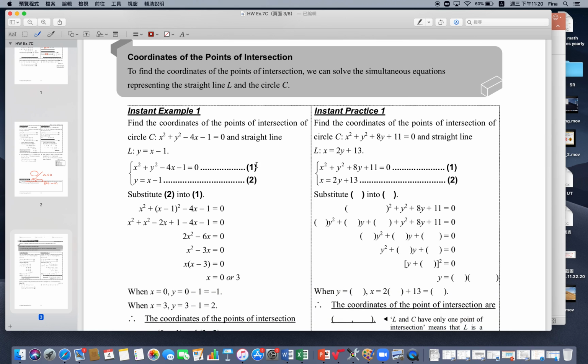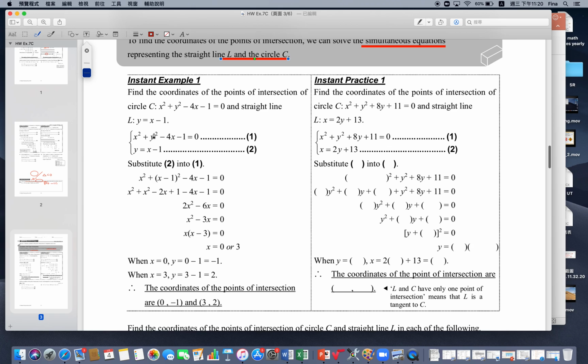Then how to find the intersecting point? Actually, just like solving the simultaneous equation of the equation of L and the equation of C. That means the equation of the straight line and the equation of the circle.